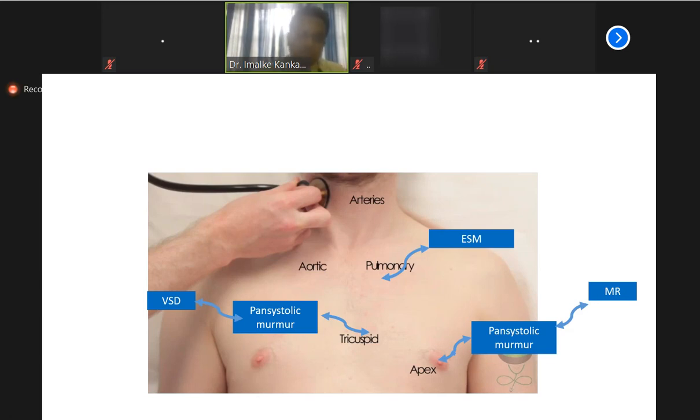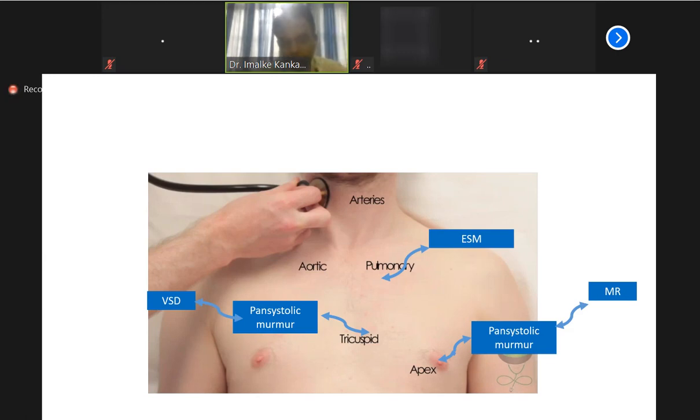If it is a small child, VSDs will usually be closed or operated by about 3-4 years, unless it is a mid-muscular VSD. But you can say if you hear a murmur best heard on the tricuspid area, then that is definitely VSD.